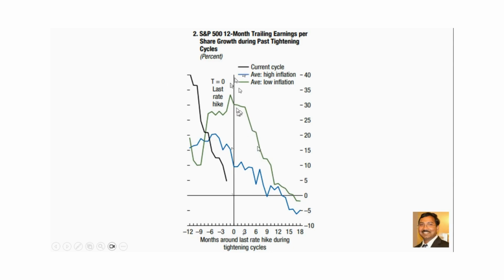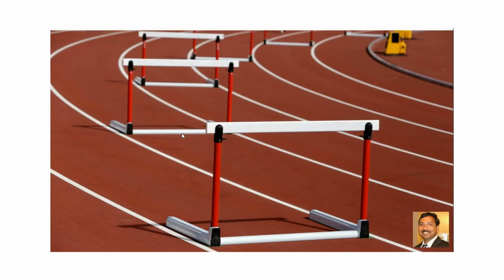The green line is when inflation is low and the blue line is when inflation is high. The current cycle is the black line, and because the Fed has not stopped the rate hike till now, we are just behind that line. After looking at all these things, will the US cross all these hurdles like inflation, the housing issue, the stock market issue, and the recession? Will the US cross 2023 without a recession?